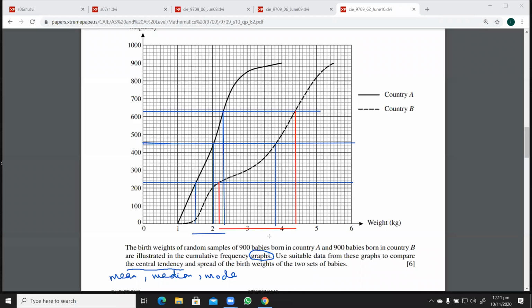This means that you can predict the weight of an expected baby from country A, while for country B there's really a greater range of values. So you have to write all of this in your answer. We have compared the two countries' babies' weights through the median, through the interquartile range, and we have even discussed the range.